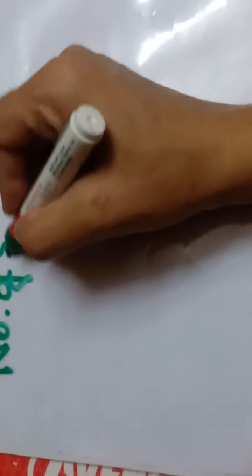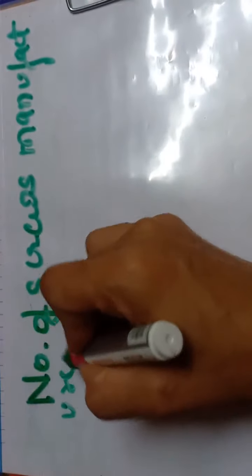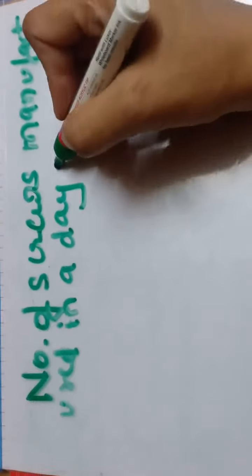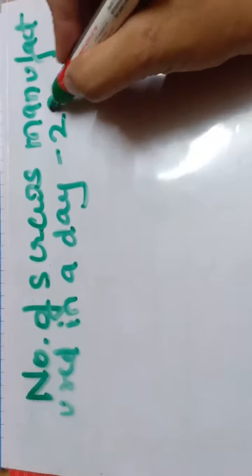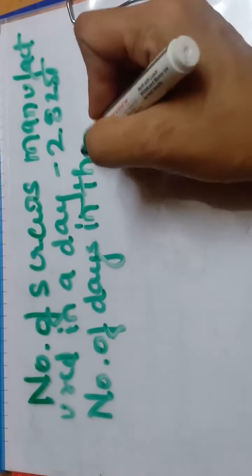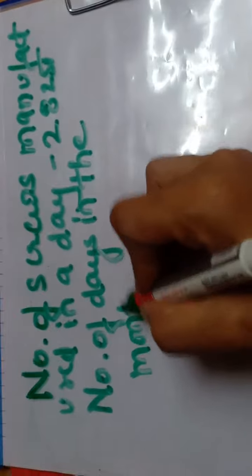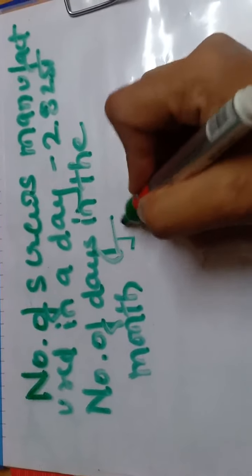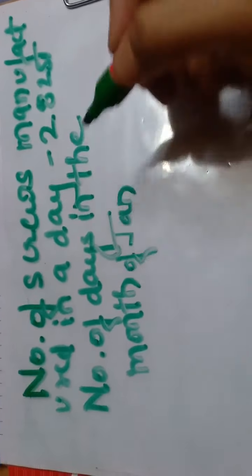Okay, so first we will write what is given to us. Number of screws manufactured in a day. So the number of screws manufactured are 2825. Number of days in the month January.